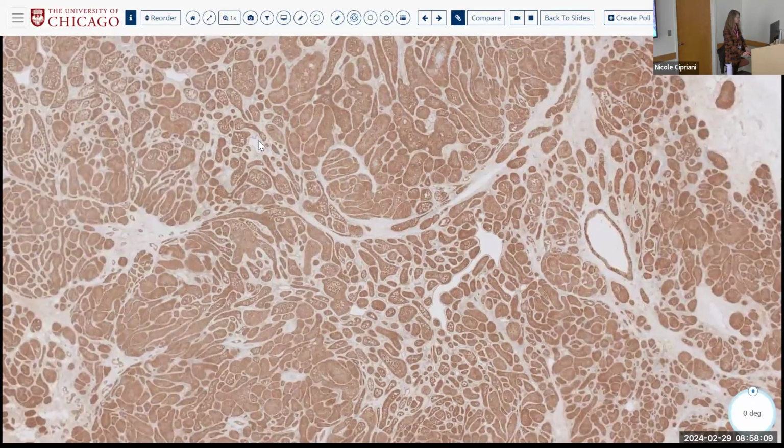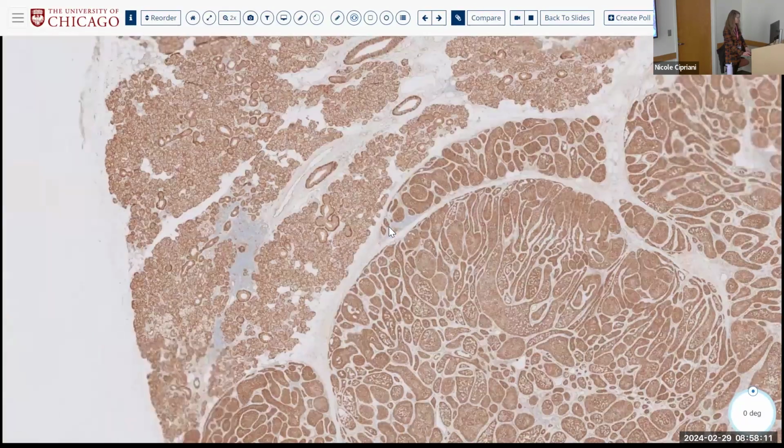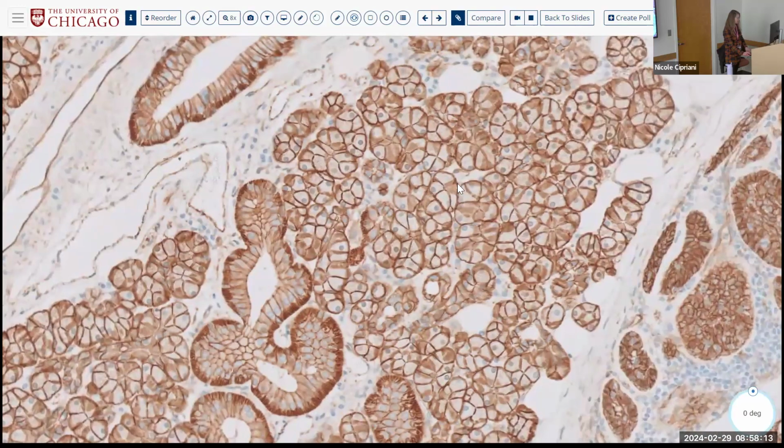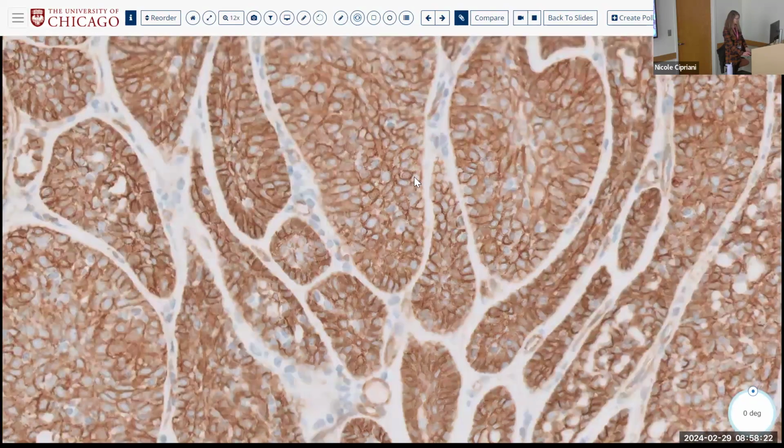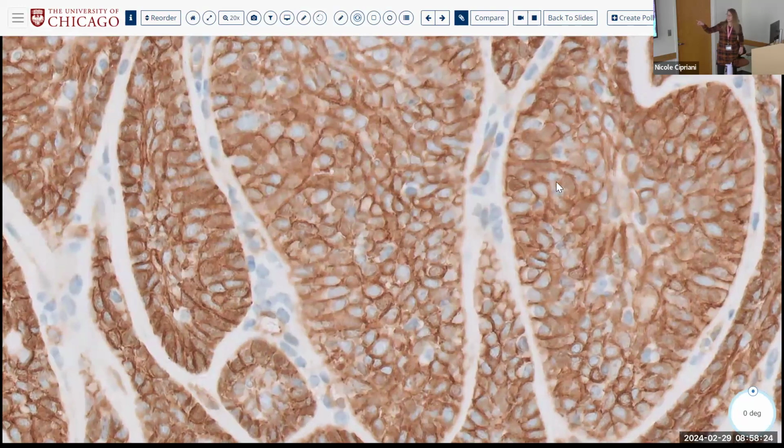And this has to be beta-catenin, right? So beta-catenin is strongly membranous in epithelial cells. In fact, in this case, beta-catenin is only membranous, without nuclear and without cytoplasmic staining. That fits with our knowledge of the lack of beta-catenin mutations in basal cell adenocarcinomas. So all of it fits.